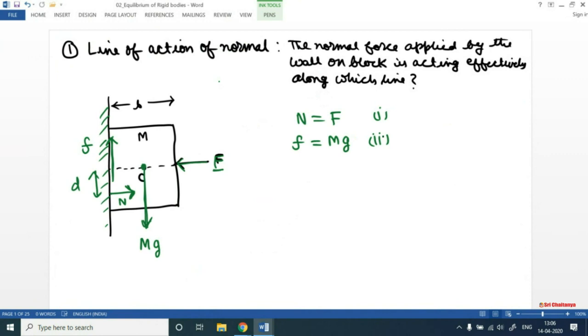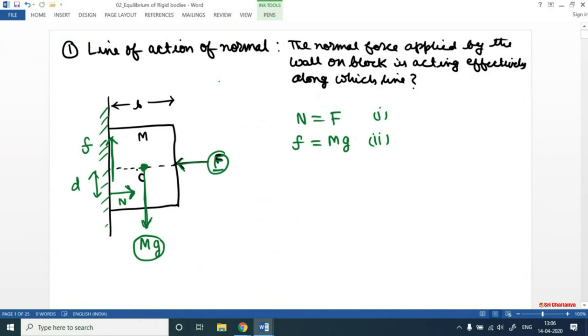So we should choose where to place our axis so that our calculation becomes easy. For example, if we plan to write the equation of torque about this point C over here, the torque due to F and the torque due to mg about point C is going to be equal to 0.